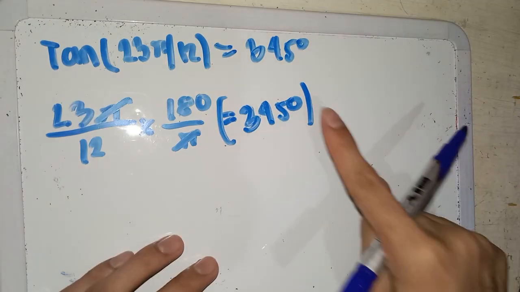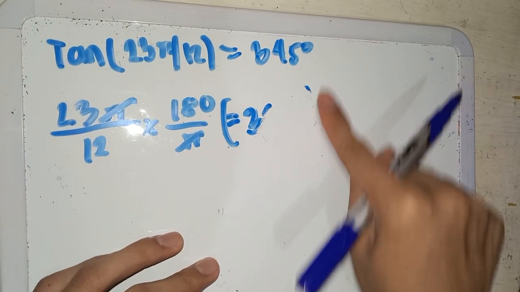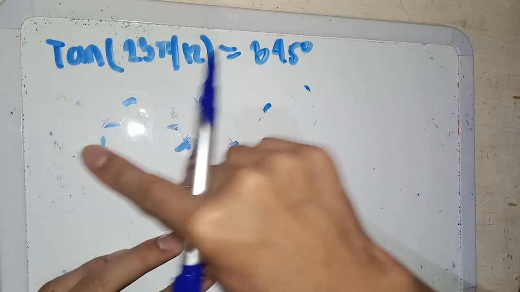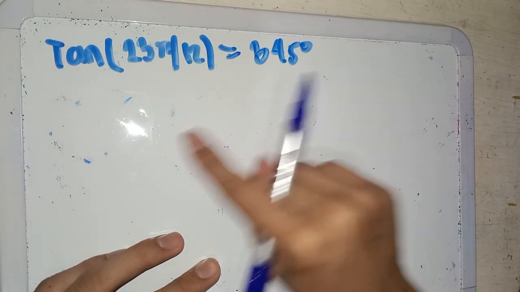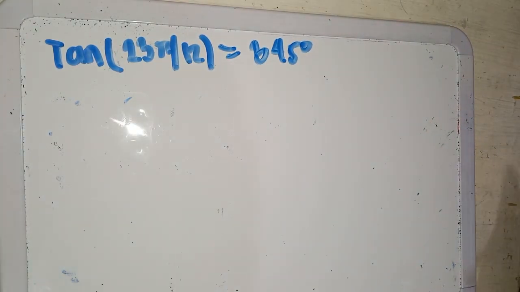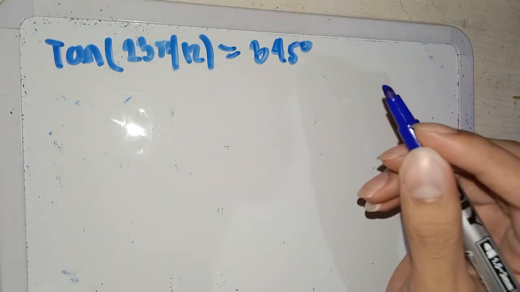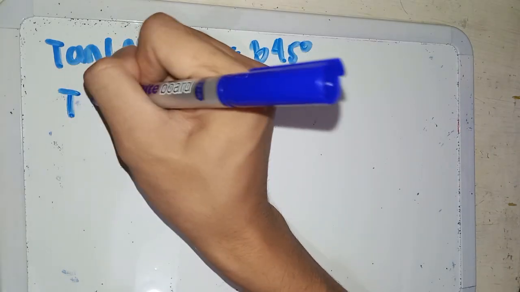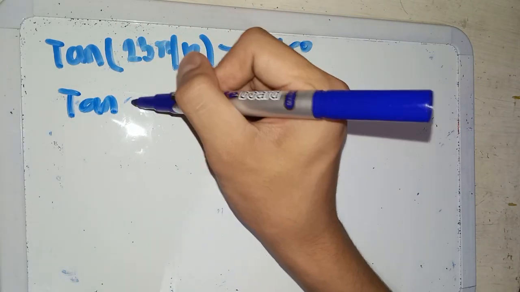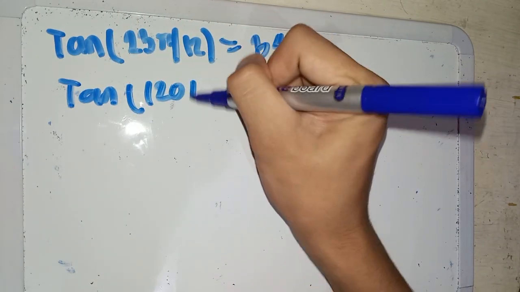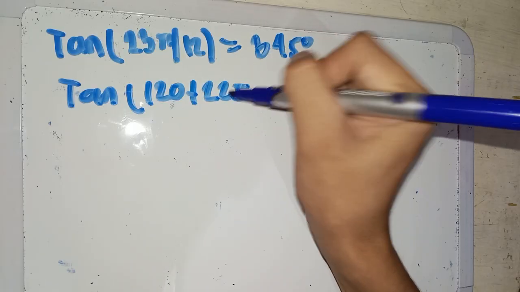So I need to erase this one. So what angles can we use to add up to 345 degrees? The angles that we use are 120 and 225. So tan of 120 plus 225.